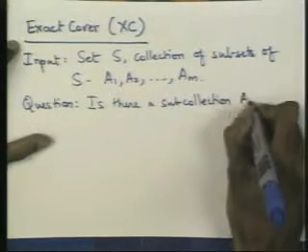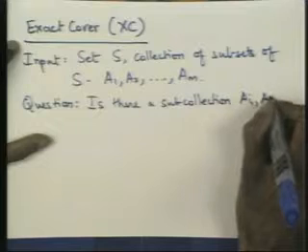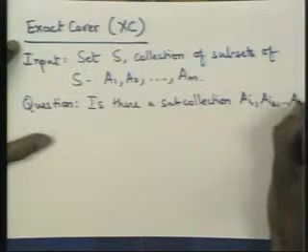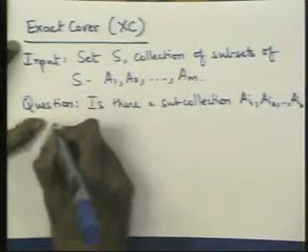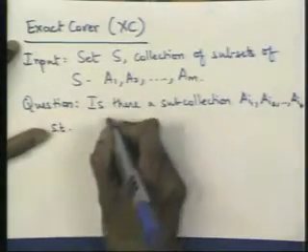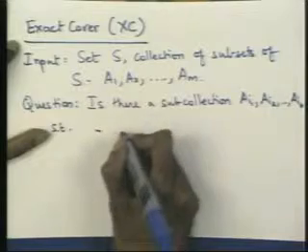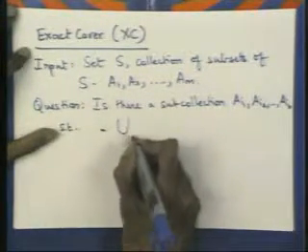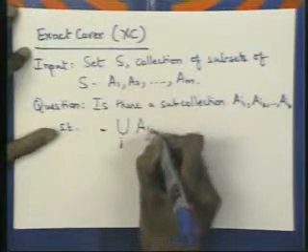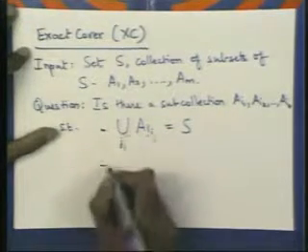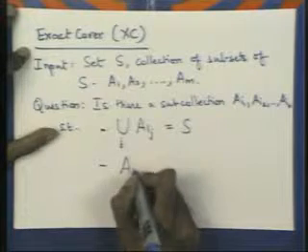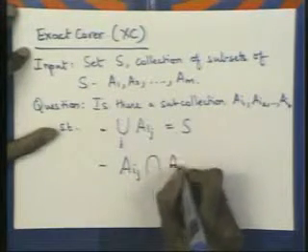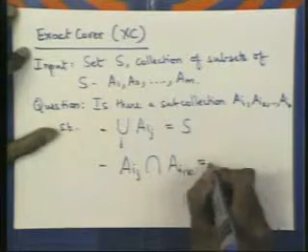Let's say Ai1, Ai2, and so on up to AiT, satisfies two things. The union must be S, so the union over all j of Aij is S. Second, Aij intersect Aik is the null set.